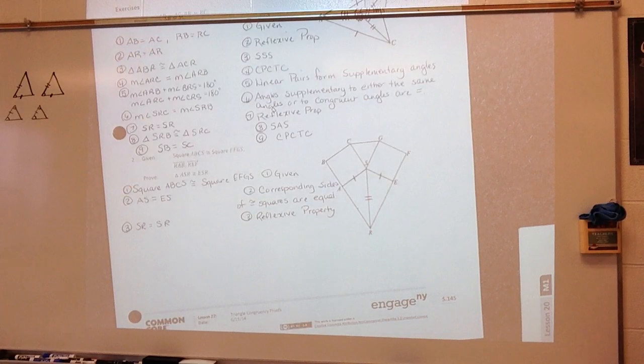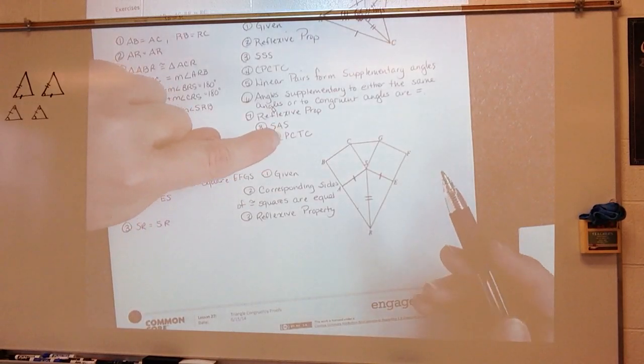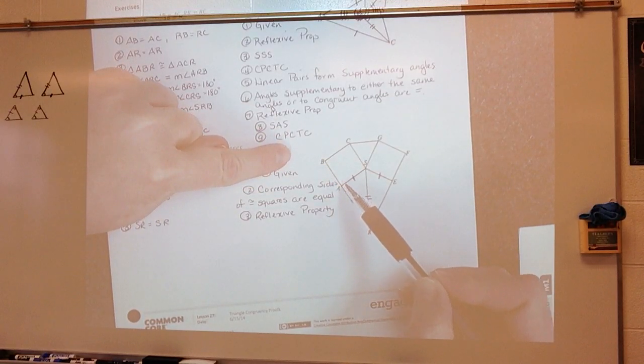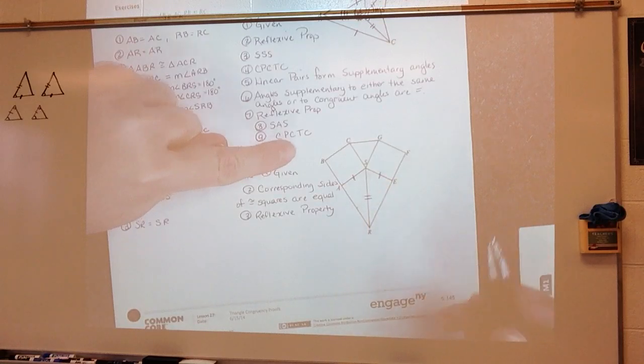Alright, so we are very close to proving our triangles congruent, but we do have a few other steps that we need to look at. Now we're going to go back to where it talks about being squares. What do we know about squares? We know that that forms right angles. So what I want to do is look at this angle here because I think this is going to help us.